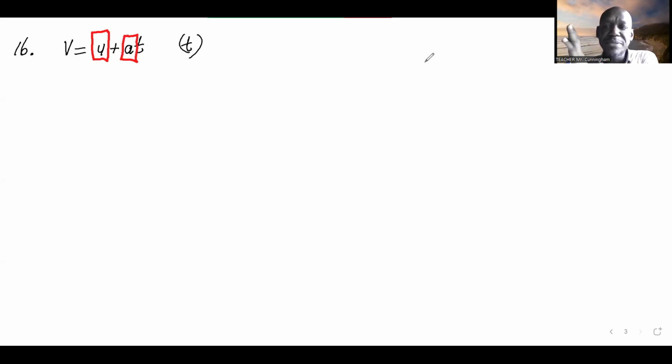I'm taking this U and I'm carrying it on the other side, taking it across with the V. So what am I writing if I take the U across?